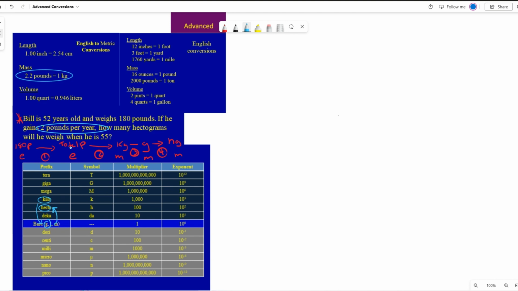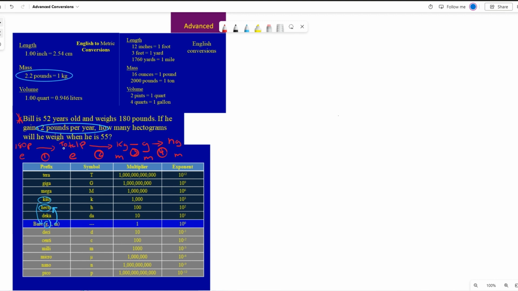So it's 2 pounds divided by 1 year. You can actually use that as a conversion factor between pounds and years. That is an important piece of information, and in the first part of the problem, we're going to use that to find his total weight.